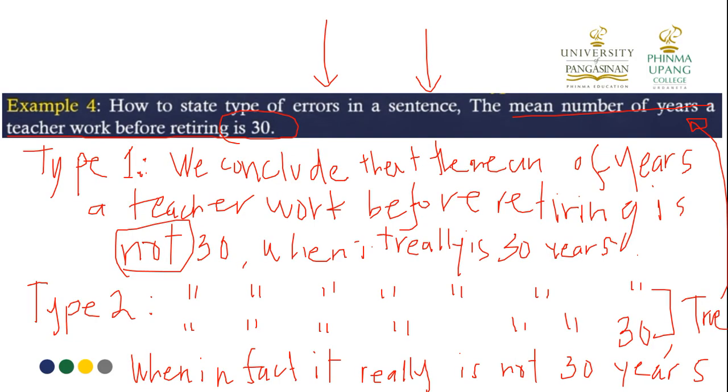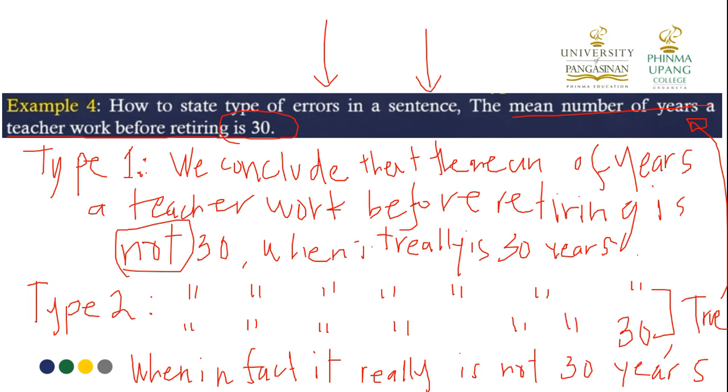So we conclude that the mean of years a teacher worked before retiring is not 30 when it really is 30 years. Then type 2, we conclude that the mean of years a teacher worked before retiring is 30 when in fact it really is not 30 years.